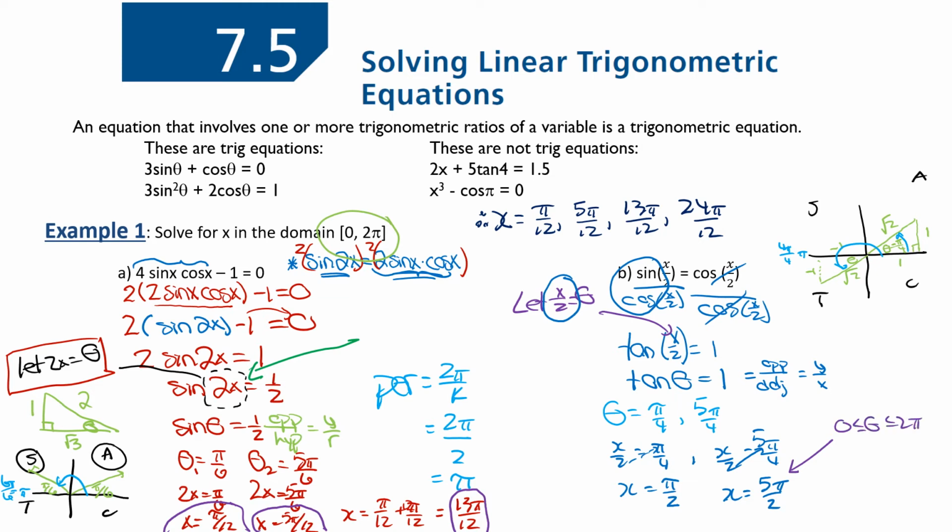Sorry, x, not theta, x. And with these denominators, that is 4 pi over 2. 5 pi over 2 is outside of the domain because we had a horizontal stretch. So this one does not count. And that's because of our period. We had a horizontal stretch.